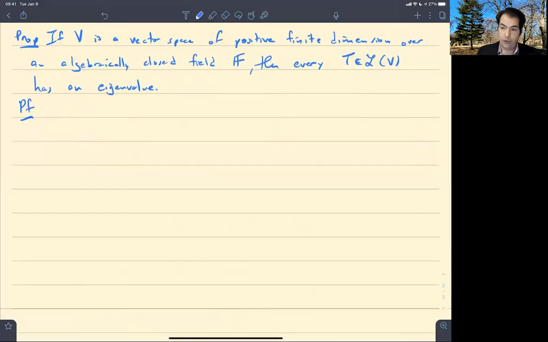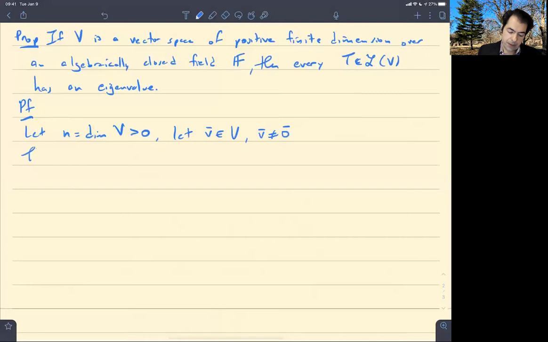Okay, so let's do the proof. Let n be the dimension of the vector space, and so by assumption it's positive. So that means in particular that I can find a vector, say little v, that is different from the zero vector.